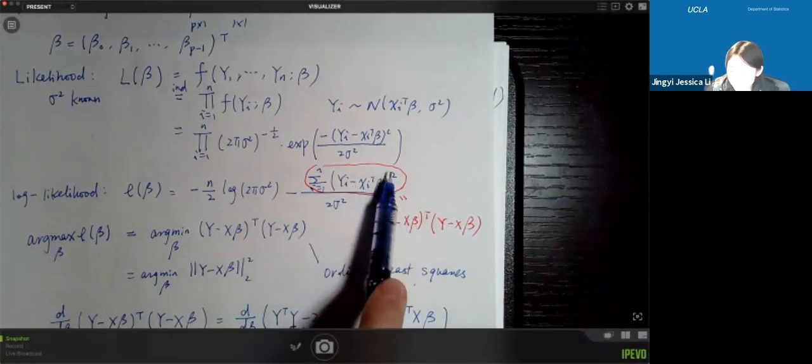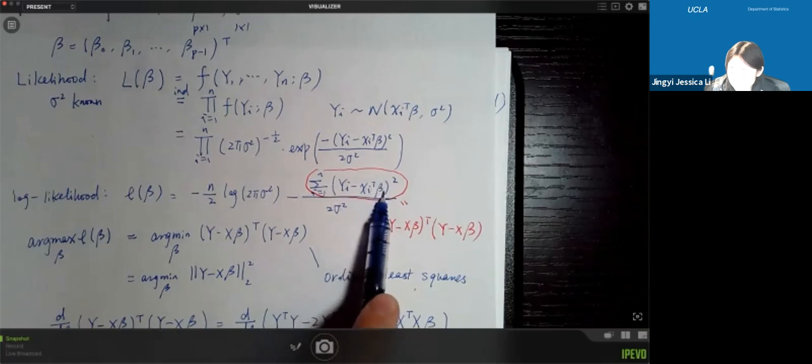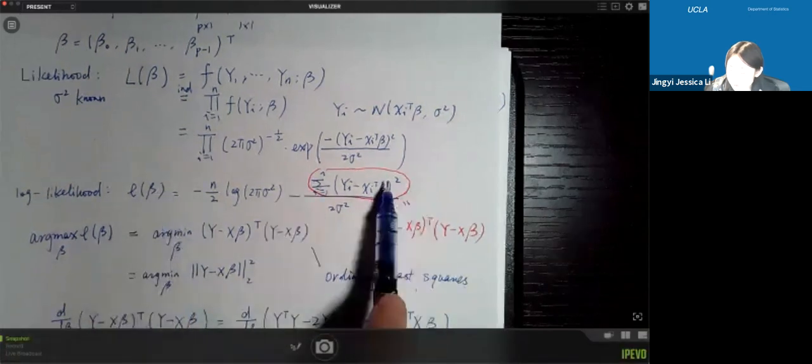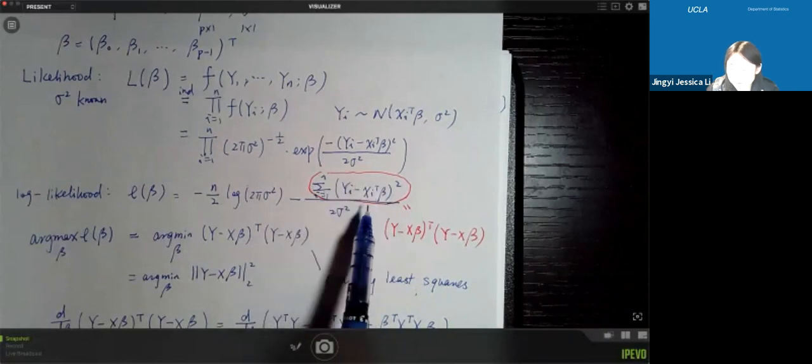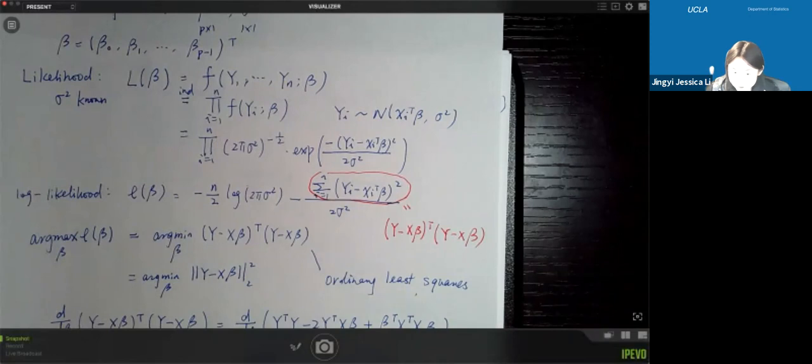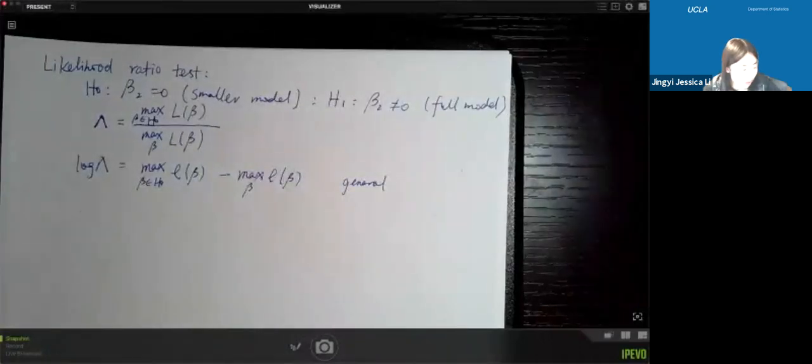If we plug in beta hat for beta, since we're doing the maximization, after maximization we have beta hat. This is just the summation of residual squares, or our RSS. And then the sigma squared stays here. So now we are just looking at beta by assuming sigma squared to be known.